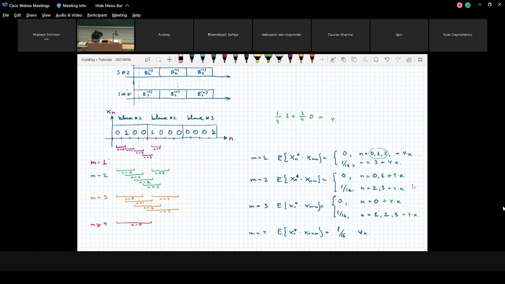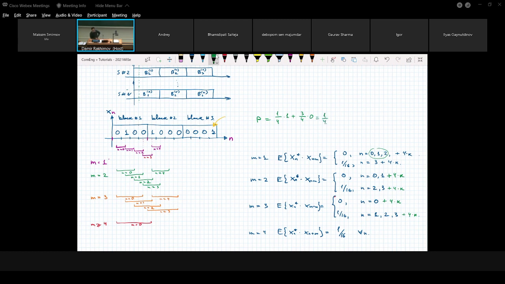What's the probability for one position to have one non-zero element? The probability will be given by this expression on the right. Probability that we have a non-zero component will be 1 over 4 times 1 plus 3 over 4 times 0, and equals to 1 over 4.